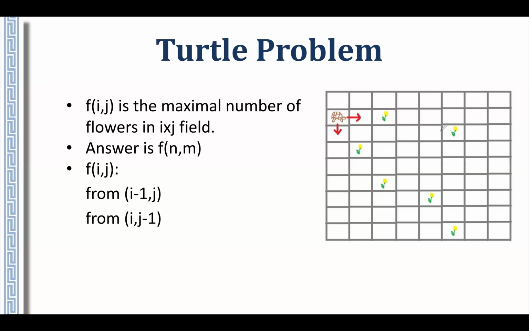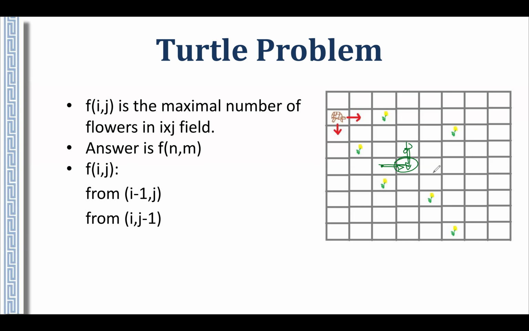So in fact, for any position i, j, we can come from up and from left, from two positions. It is like considering all possible ways to come to position i, j. All of them can be split into two groups. One of them ends with a down move, and all others end with a right move.